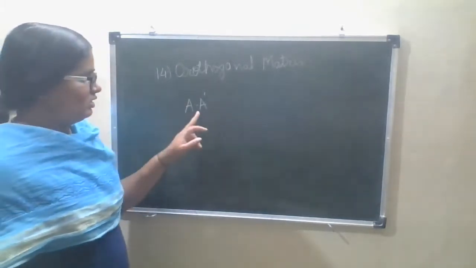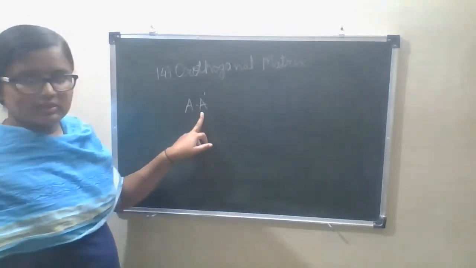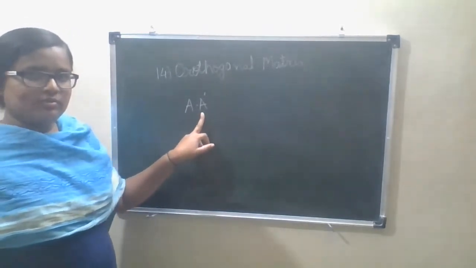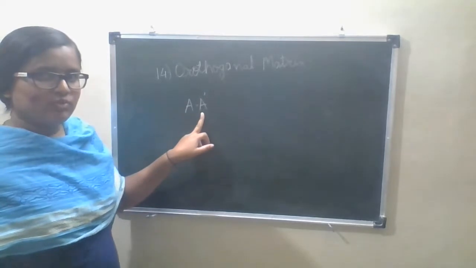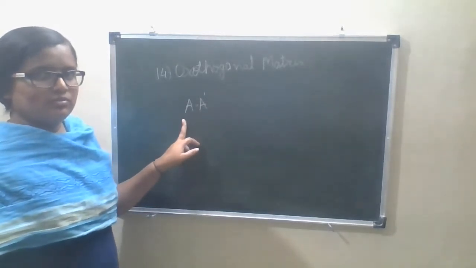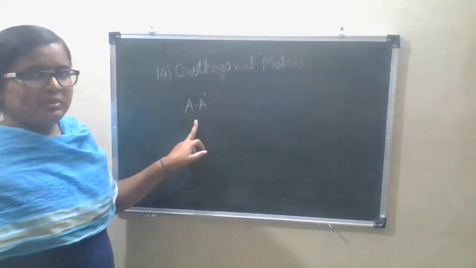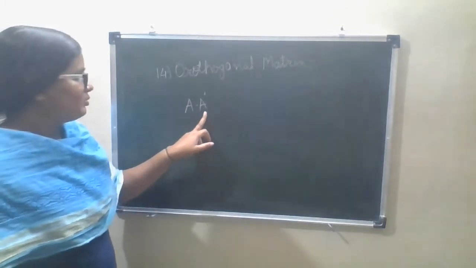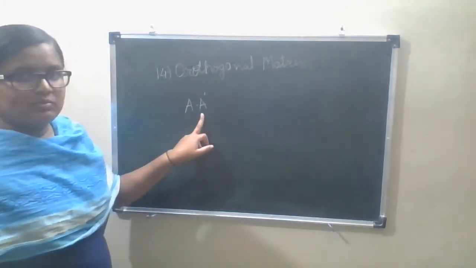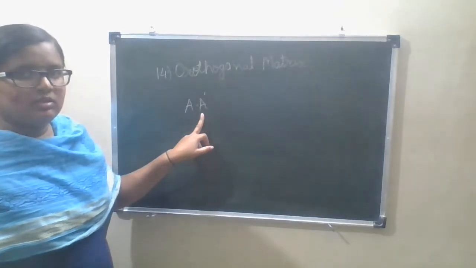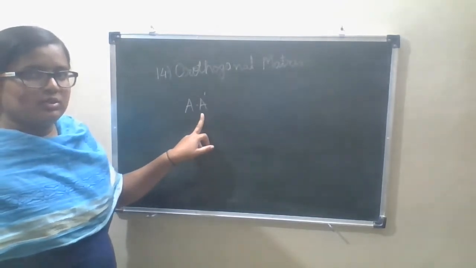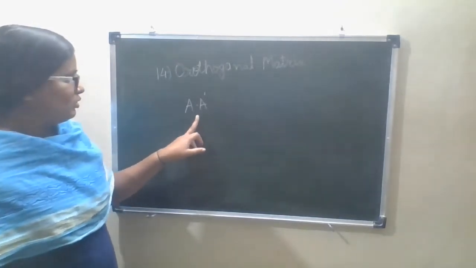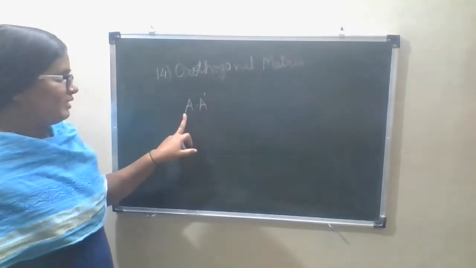This is not a different matrix. One matrix is multiplied by the transpose of the same matrix, the first matrix.